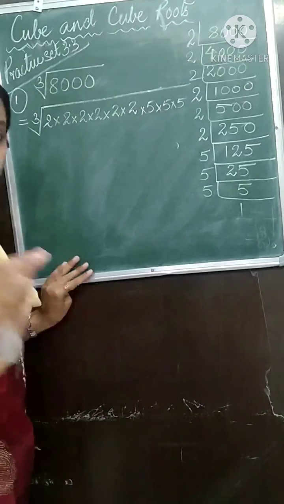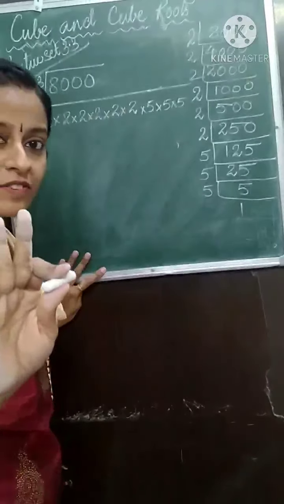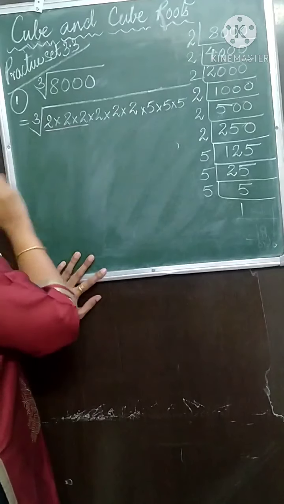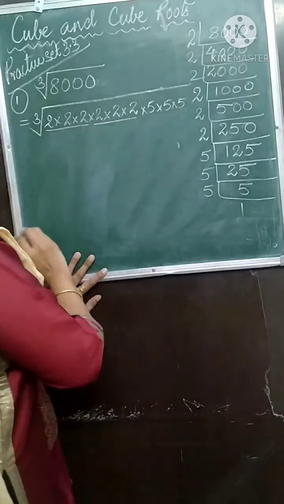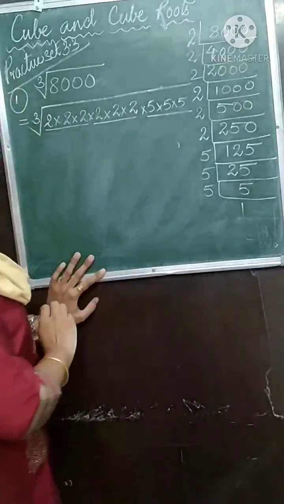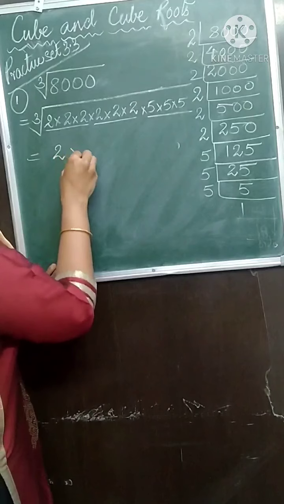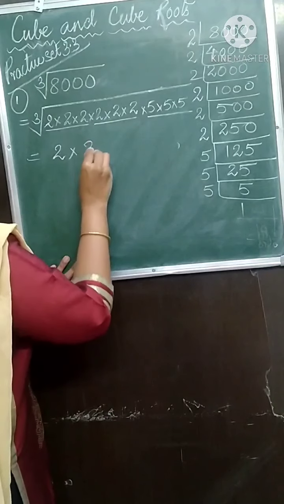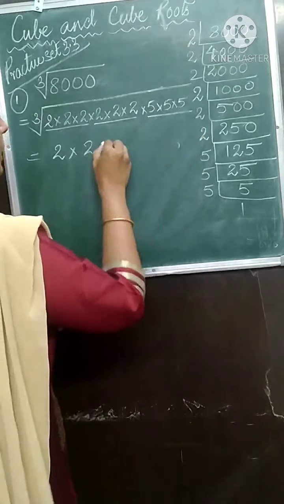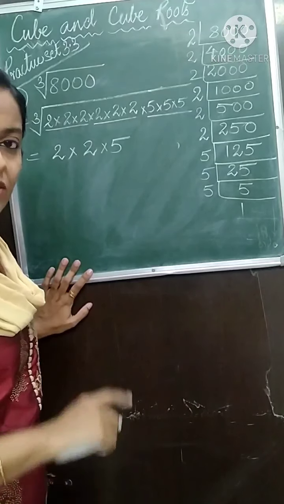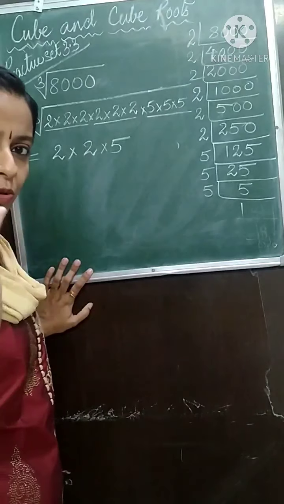Now for cube root, you will make groups of 3 numbers. That is, 3 twos together, 3 twos together and 3 fives together. Out of 3 twos, 1 two will come out. Out of here, 1 two will come out. And out of here, 1 five will come out, because it is cube root. For square root, you make groups of 2 numbers.